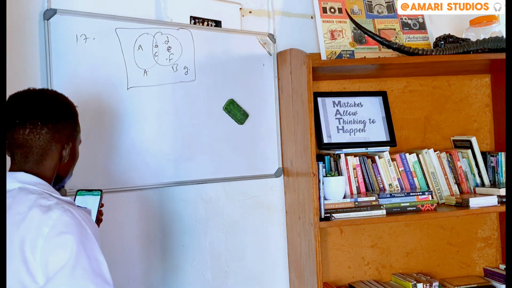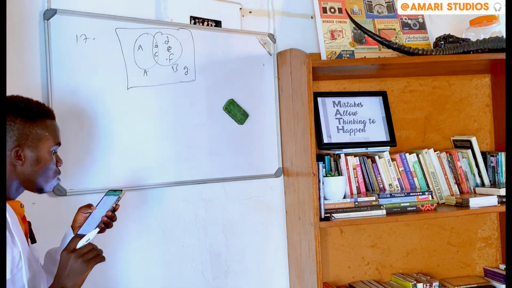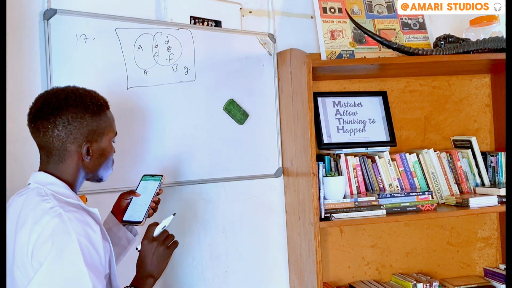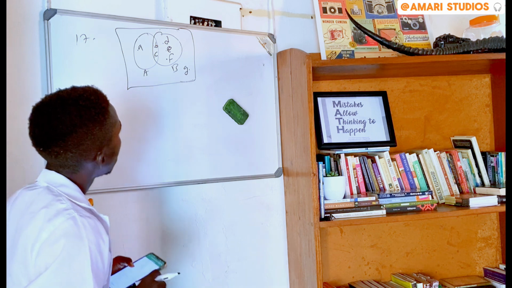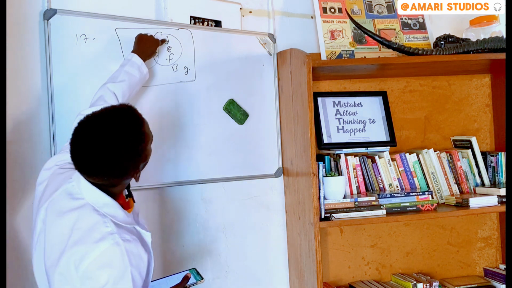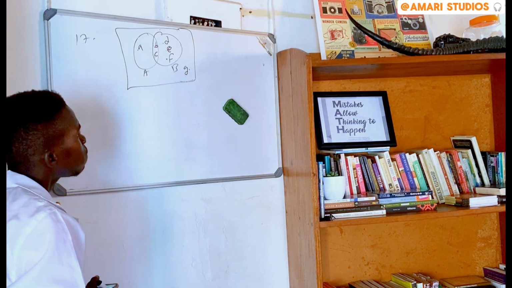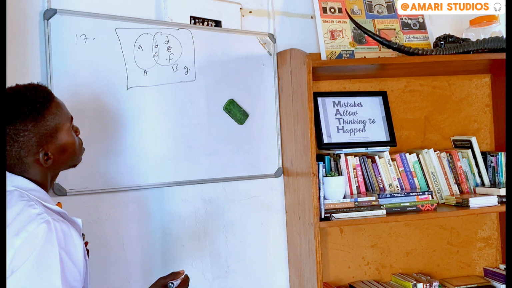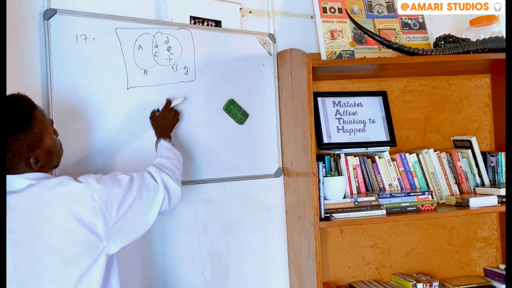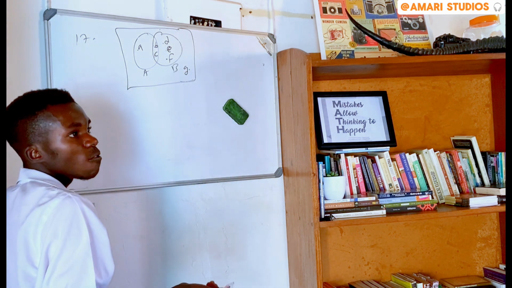The question is asking, can you use a set notation to describe the set with elements D, E, F, G? When you want to find a set notation describing D, E, F, G, you just have to find them.